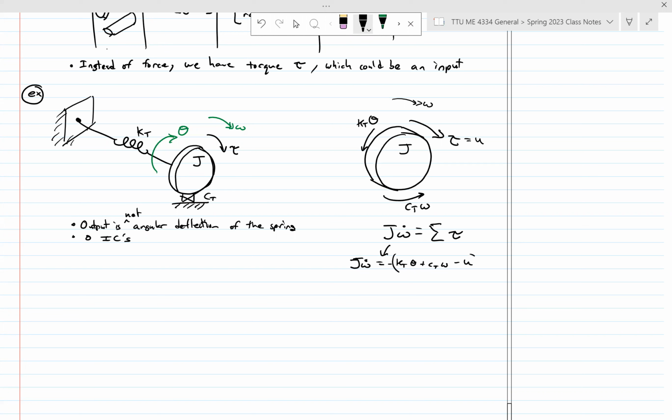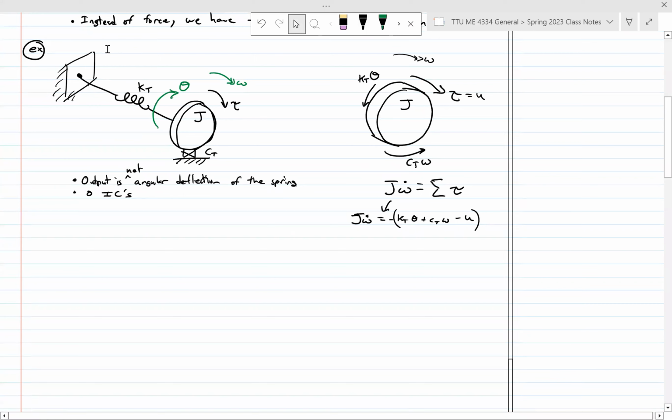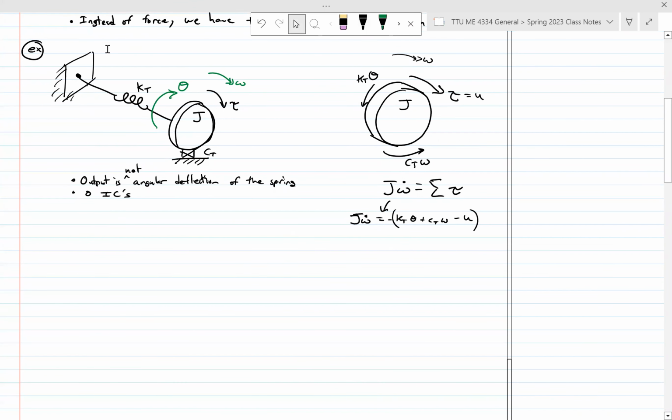This has to be negative for all of them, right? What direction is positive omega? That's clockwise, so any clockwise torque is going to be positive. Any counterclockwise torque is going to be negative. You got all your signs flipped here. This would say if you want to apply a torque of a certain value, it would spin in the opposite direction. Doesn't make sense, at least based off of these definitions that we're going with here.